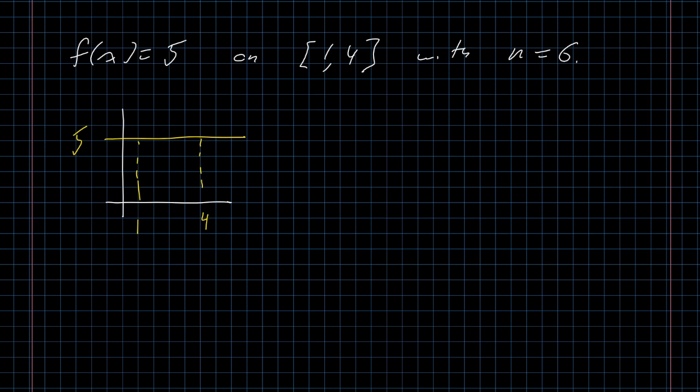The area under f of x equals 5 on 1, 4 is a giant rectangle. The distance from the left to the right is 4 minus 1, which is 3. So I know from basic geometry that the area of this region had better be 15.